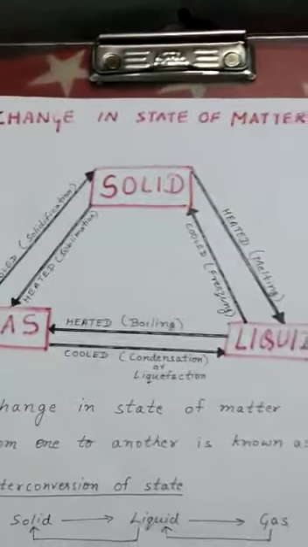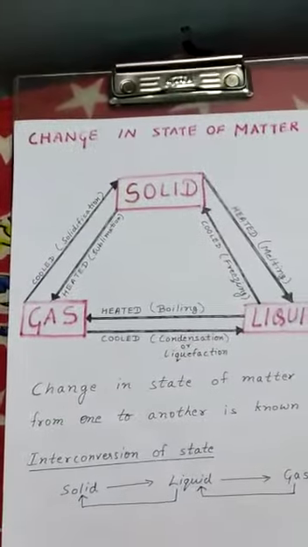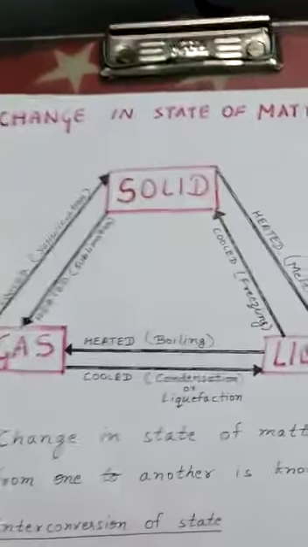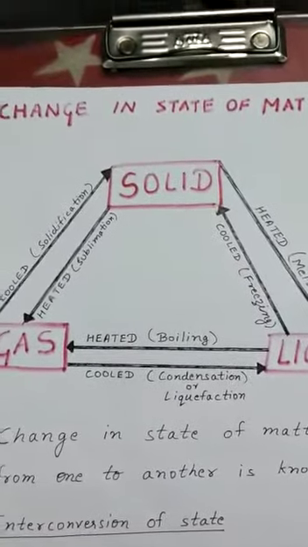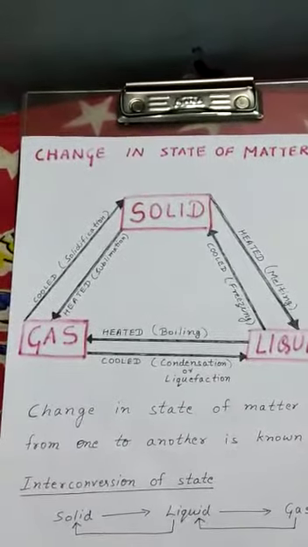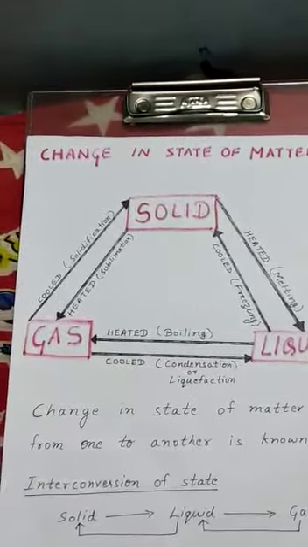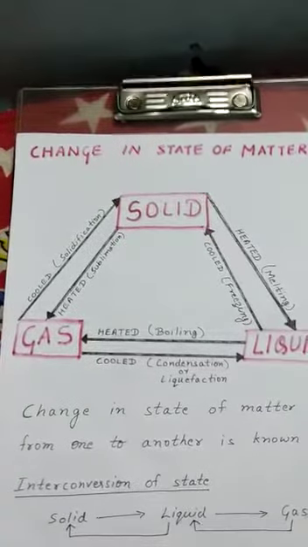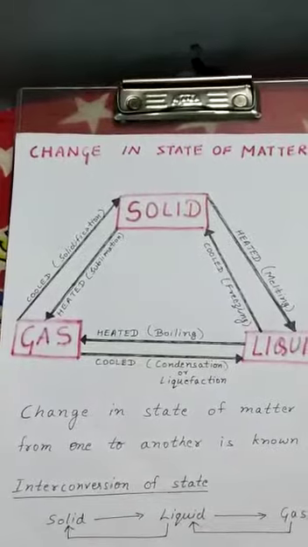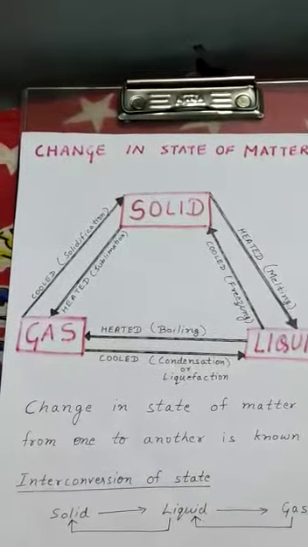Then next interconversion is conversion of liquid into gas. So liquids when heated get changed into gas, and the process is known as boiling. For example, when water is being heated, it changes into water vapors, and the process is known as boiling.